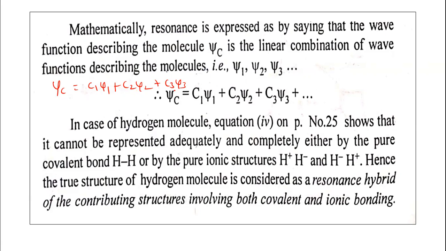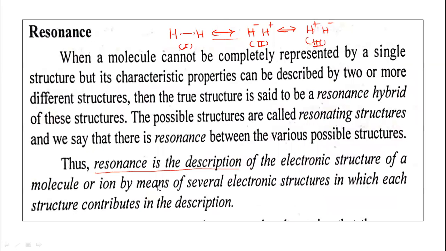It means that the hydrogen molecule is not described by only one structure, a purely covalent bond or a pure ionic structure. It should have both covalent as well as ionic character. Hence, the true structure of the hydrogen molecule is considered a resonance hybrid of the contributing structures involving both covalent and ionic bonding.